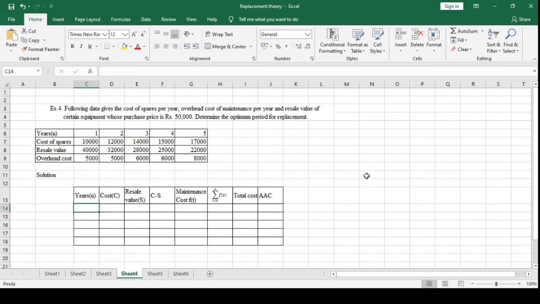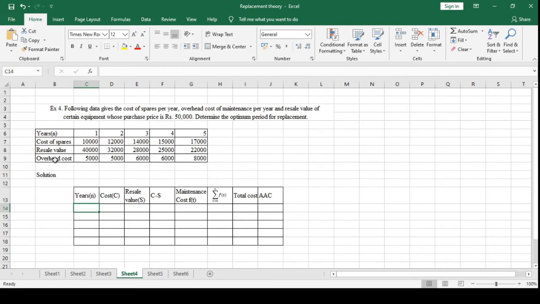Okay, so in this example, what is the difference from the previous one? In the last example we were given the maintenance value directly. But in this example maintenance value is not given, instead two different values are given to us, that is cost of spares and overhead cost.